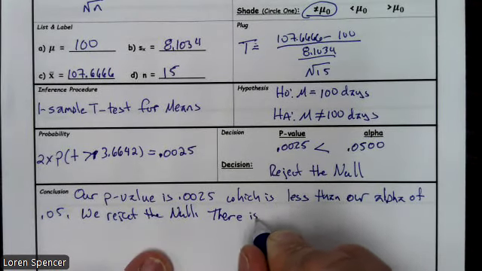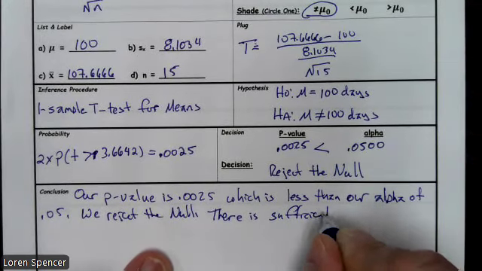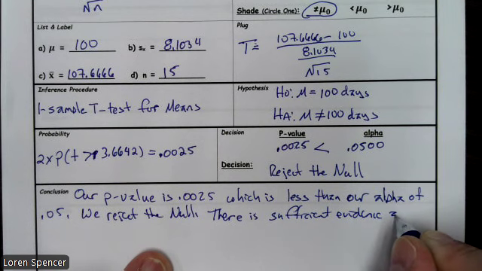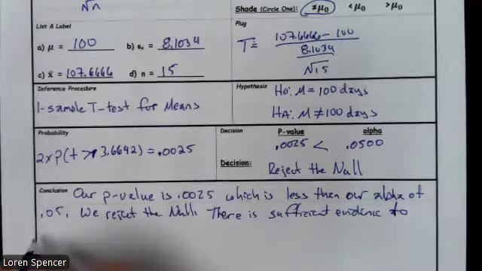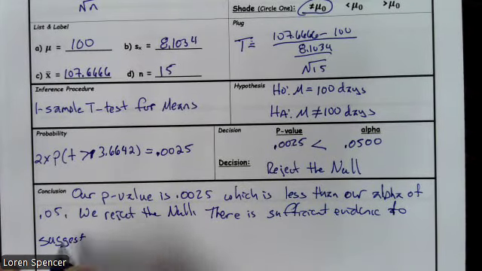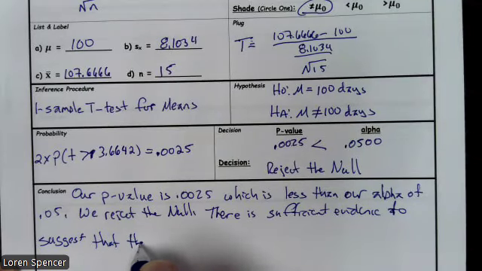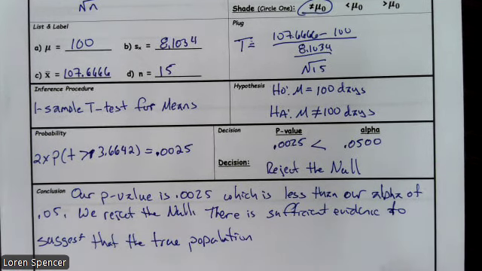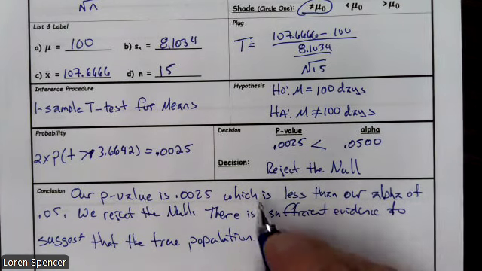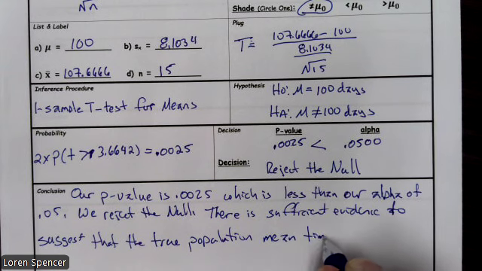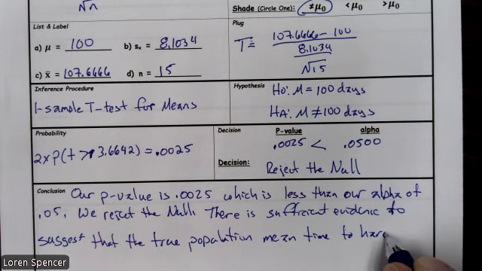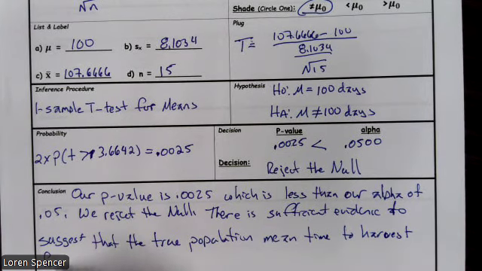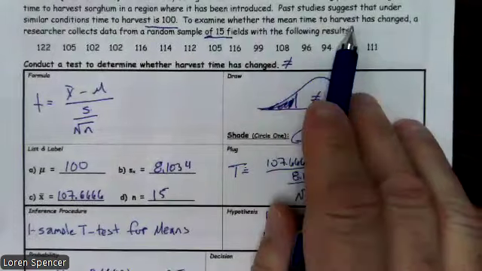There is sufficient evidence to suggest that the true population mean time to harvest for sorghum has changed.